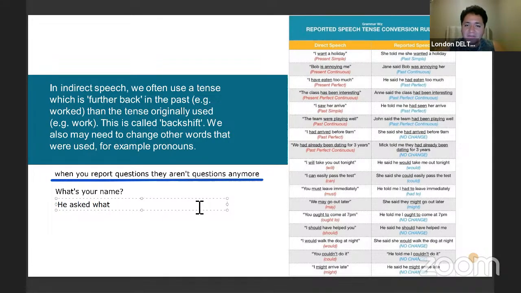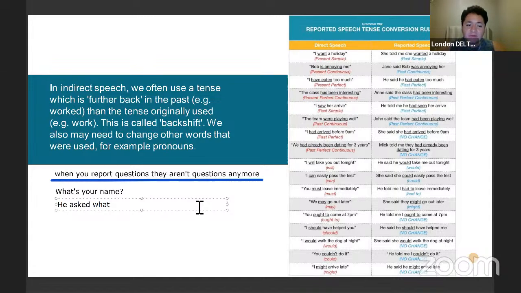Check the chart. Aquí tienen el cuadro. Simple present changes to... Past simple, exactly.